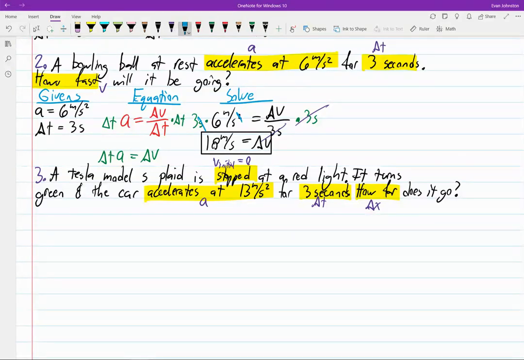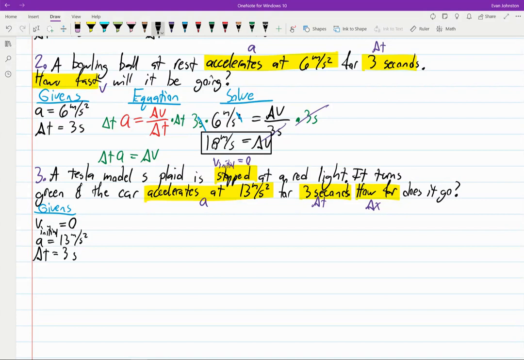So this is kind of a tricky one actually. Let's set up our givens. We've been given that V initial is 0, that A is 13 meters per second squared, and that delta T is 3 seconds.